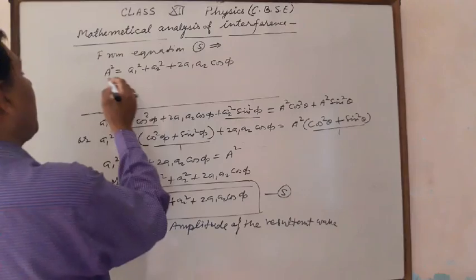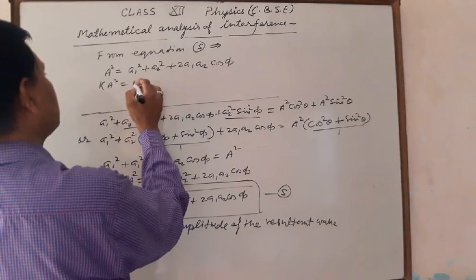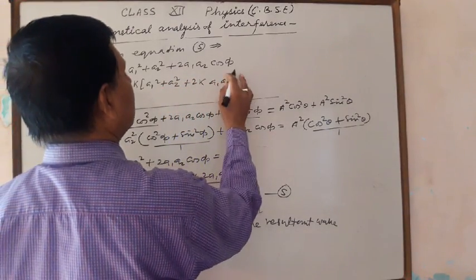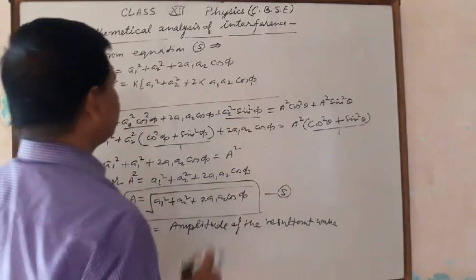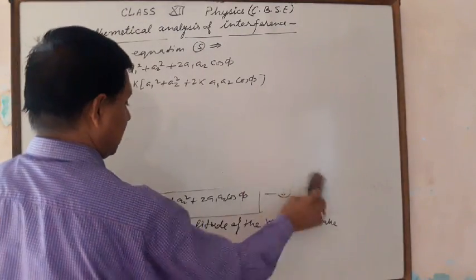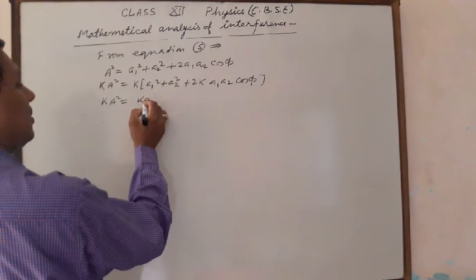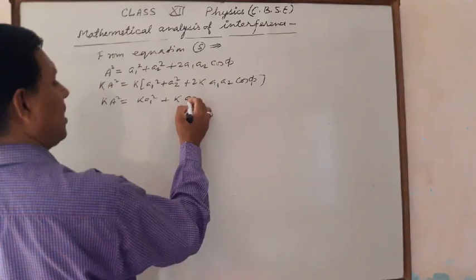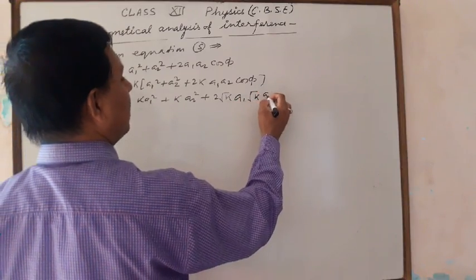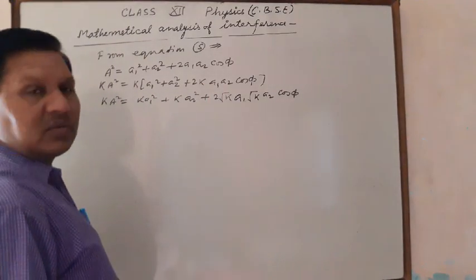Now multiplying on both sides by a constant k, this becomes kA square is equal to kA1 square plus kA2 square plus 2 under root kA1 into under root kA2 cos phi, since we know that under root k square is equal to k.